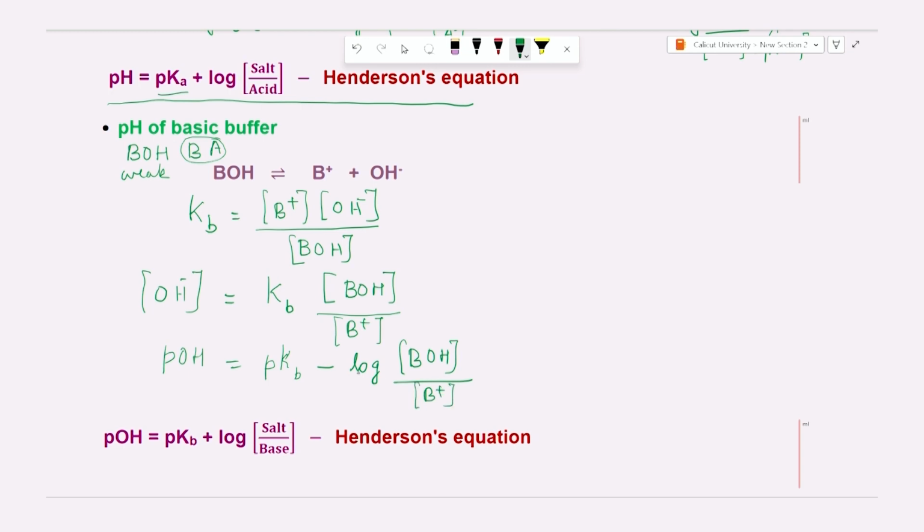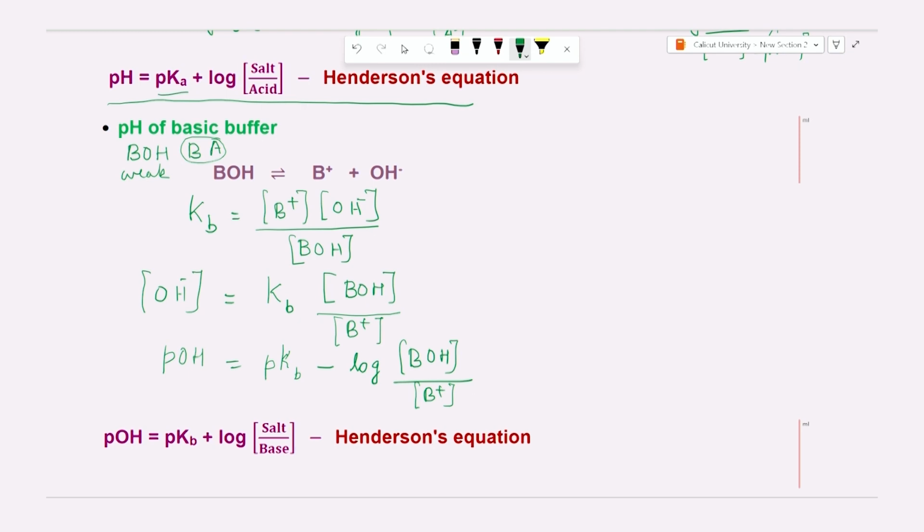To remove this negative sign, I am going to invert this fraction and you will get the expression as pOH is equal to pKb plus, just see here, we were having the base on the top and B plus in the denominator, you just invert it, you have B plus at the top and BOH, that is the base.